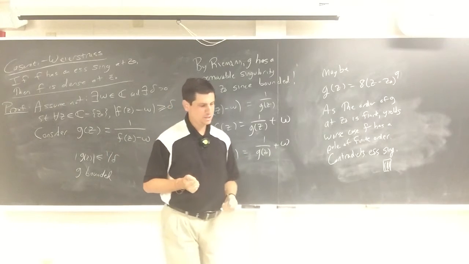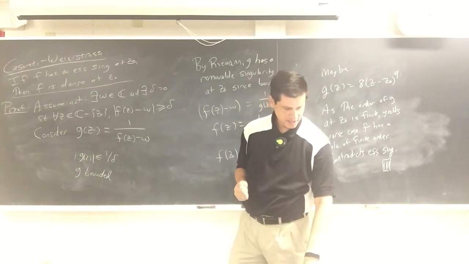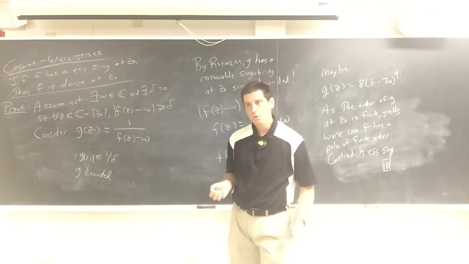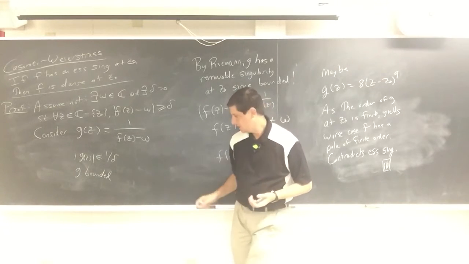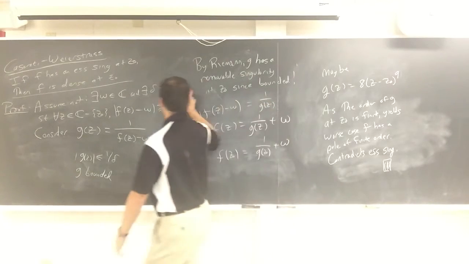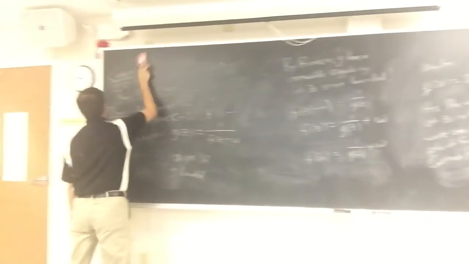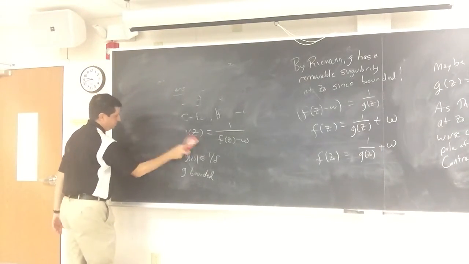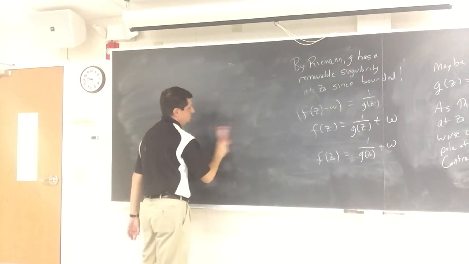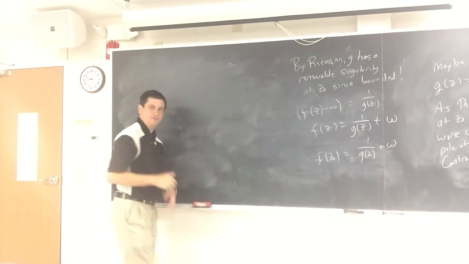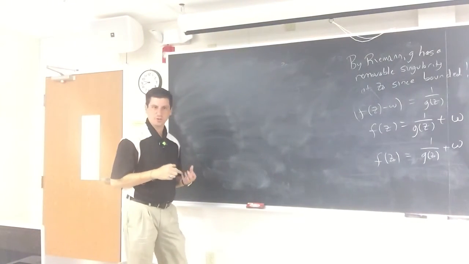Another way of looking at this a little bit more rigorously is that we can change variables. Let's let w equal 1 over z. And so if we change variables like that, we basically map everything very far from the origin to something very close to the origin.